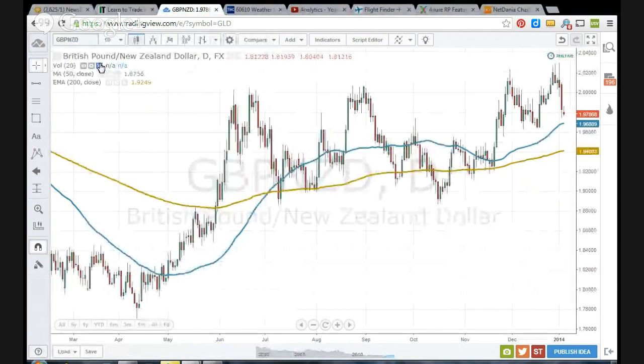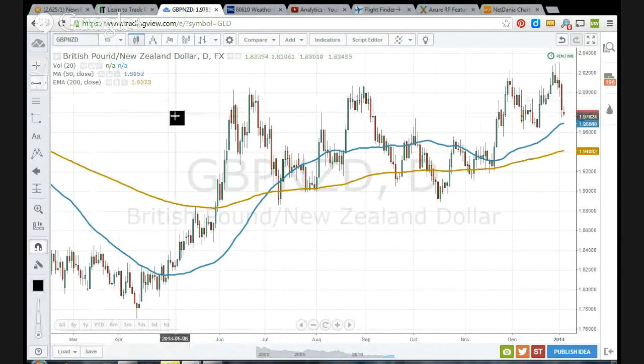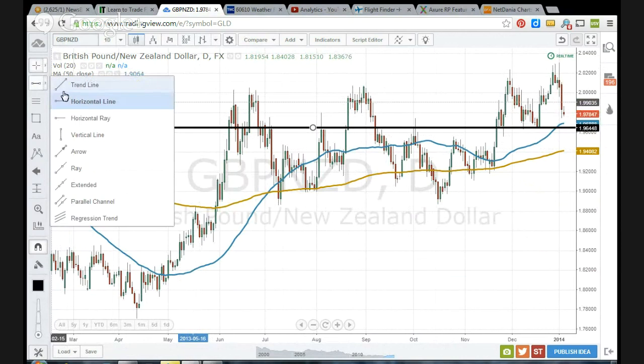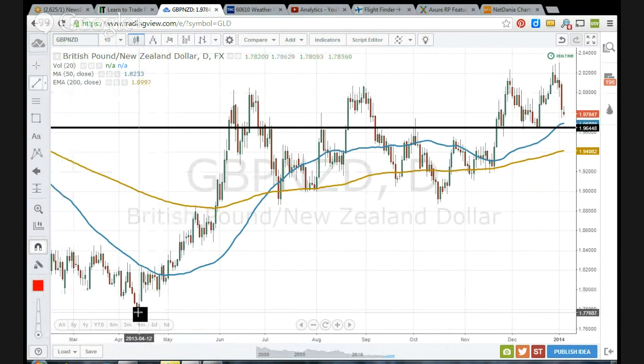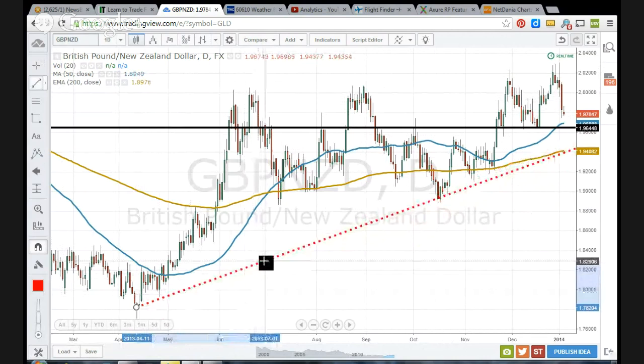Okay, here again, well, let's see. Let's draw some support levels. We may need a further pullback, right? It looks like I might prefer to see a pullback to here. And let's draw a trend line. Normally, I don't place too much emphasis on trend lines, but it might be a useful exercise here.